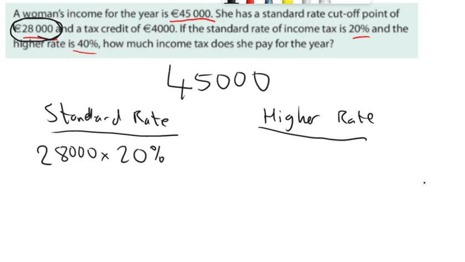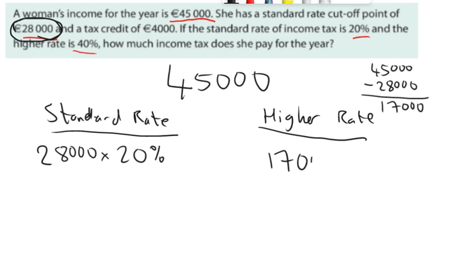So everything up to there she's going to pay at 20%. And then everything after that, the rest of it up to the 45,000, she's going to pay at the higher rate. So what you have to do is 45,000 take away 28,000, and that figures out how much you have to pay at the higher rate. So 45,000 take away 28,000 is 17,000.